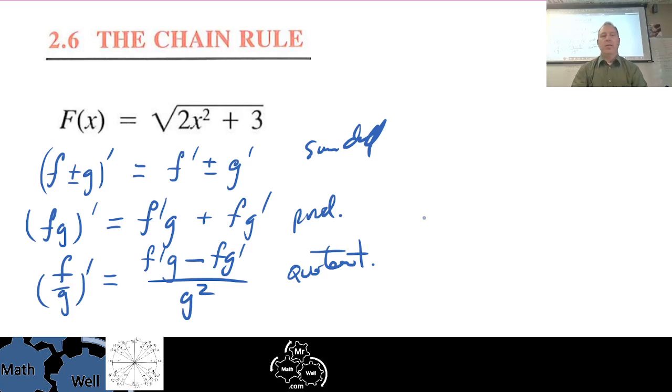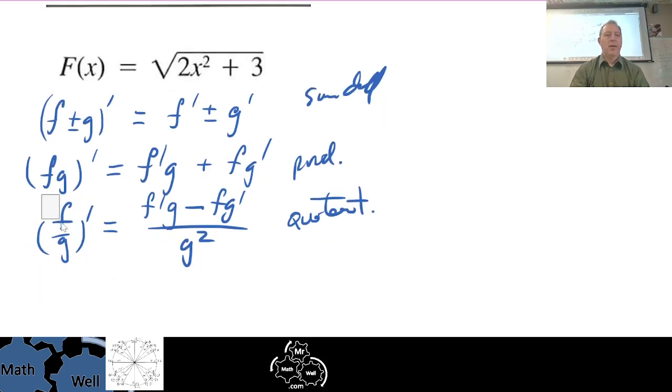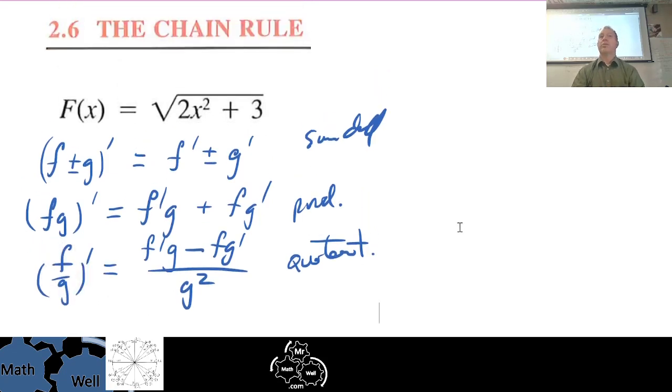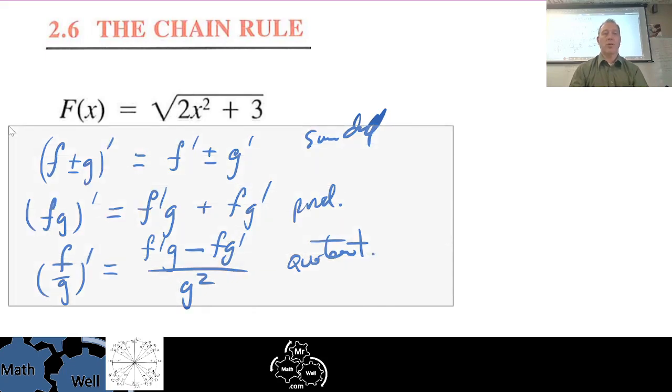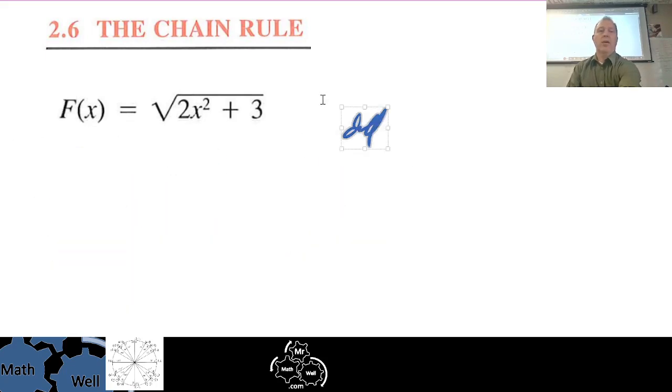Now, this is obviously a product of functions. This is a division of functions. What the chain rule helps us to find the derivative of is a situation where we have a composition of functions, okay? A composition. So I'm going to erase this stuff here now. It's just a bit of review. So a composition of functions.